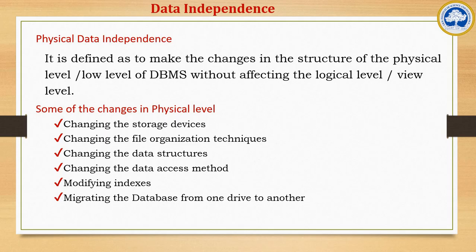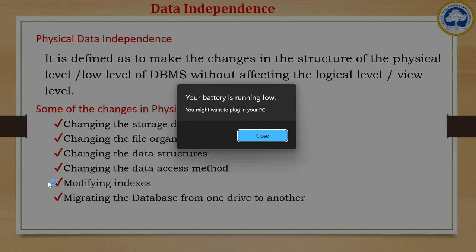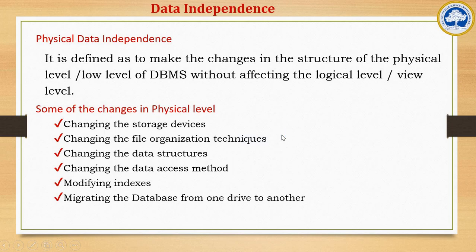Physical data independence, as I already said, means the logical level should not be affected whenever we change the structure of the physical level. Some changes we can make in the physical level are changing the storage devices, file organization, data structure changes, and data accessing methods.